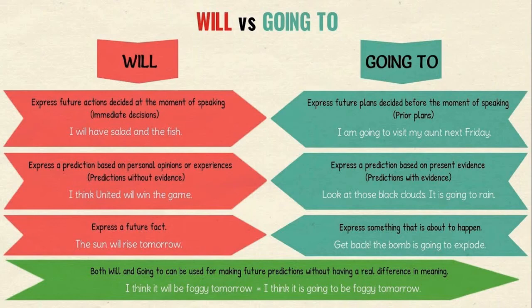For example, I will have salad and fish. Whereas we are using going to express future plans decided before the moment of speaking. That means we use going to express prior plans. Example, I'm going to visit my aunt next Friday.